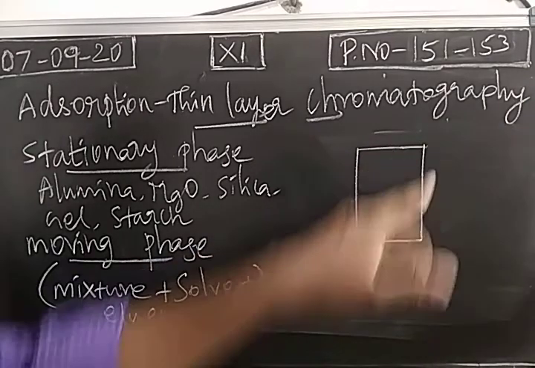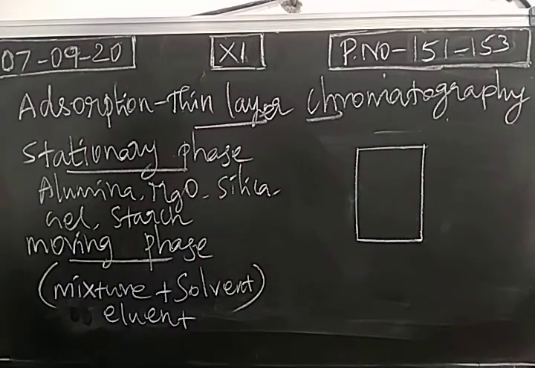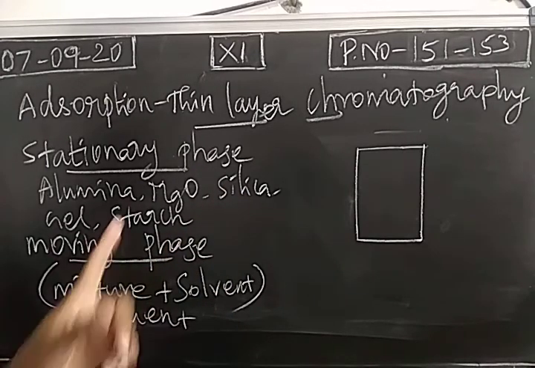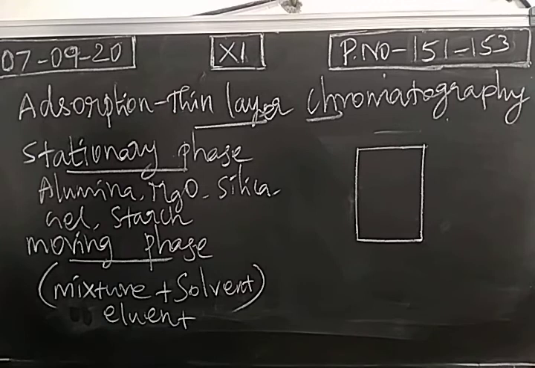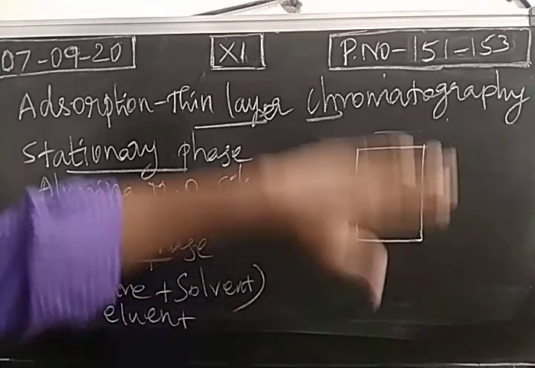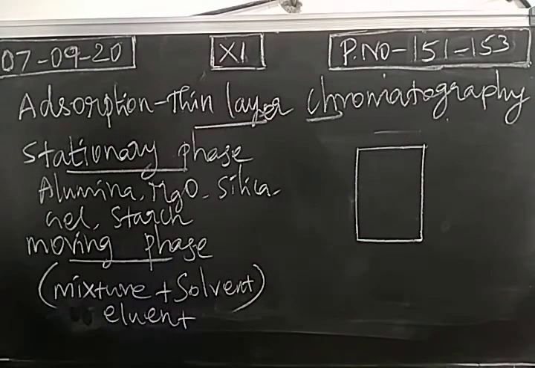On this thin plate, we are going to apply the stationary phase. This stationary phase will be made as a paste. For example, silica gel. The silica gel will be made as a paste using a solvent, and coated on this thin plate.